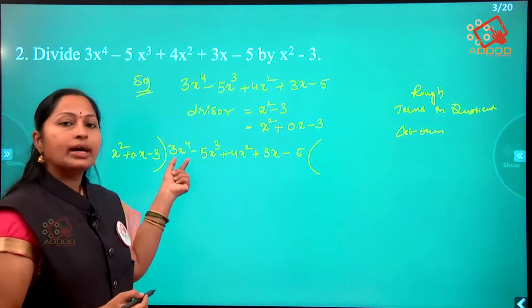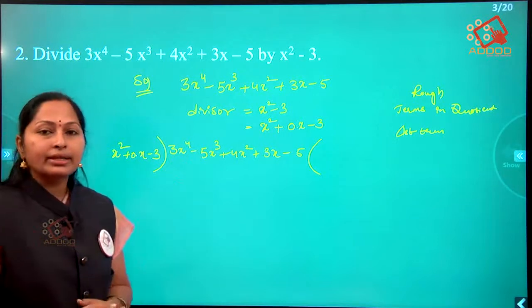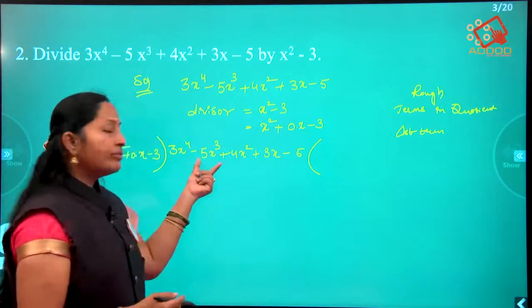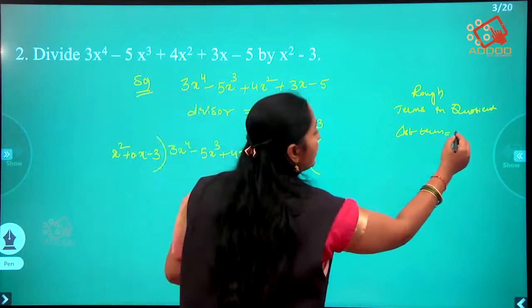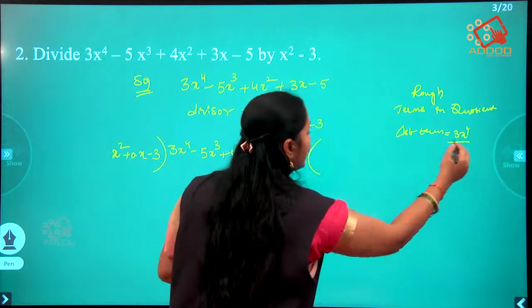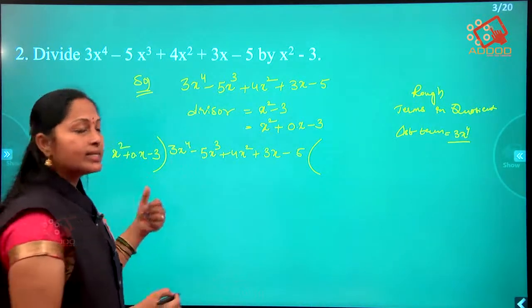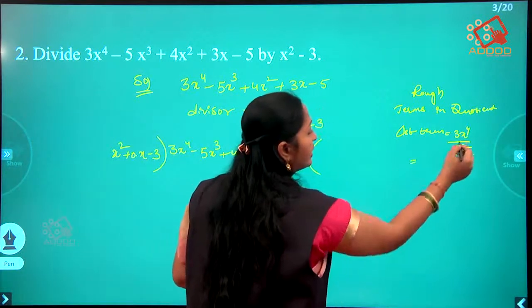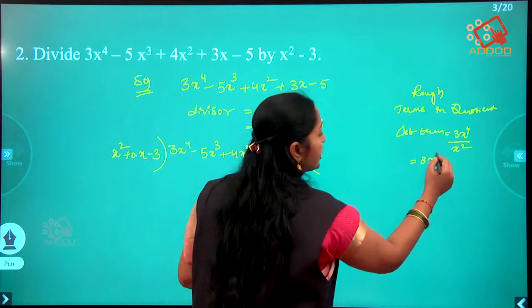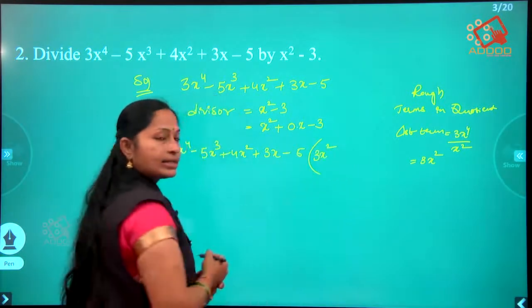We should take the highest power term and divide with the highest power term in the divisor. In the dividend, the highest power term is 3x power 4, divided by the highest power term in the divisor, x square. When we divide these two, we will get 3x square. So the first term in the quotient is 3x square.